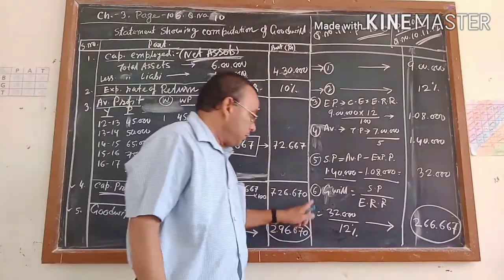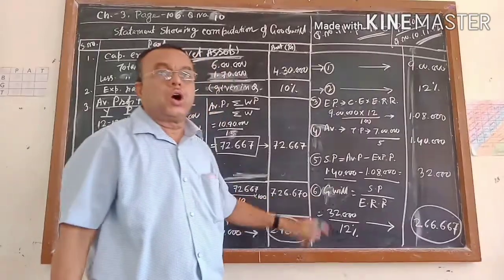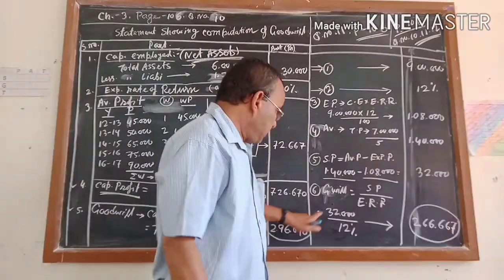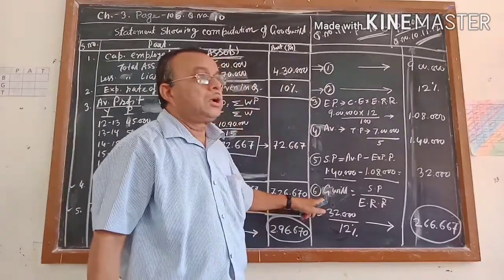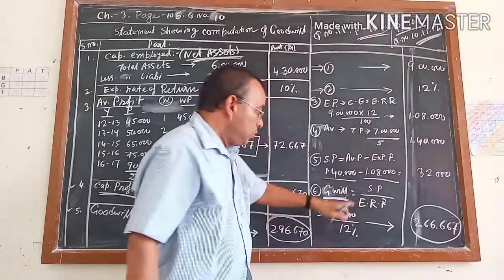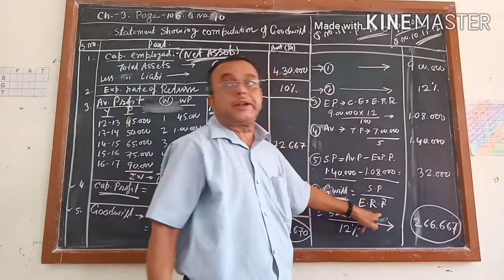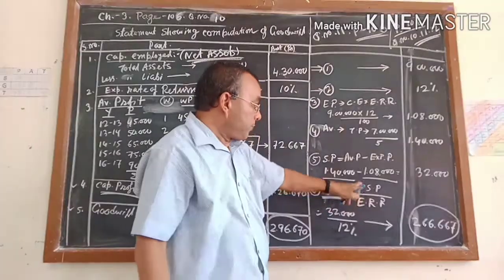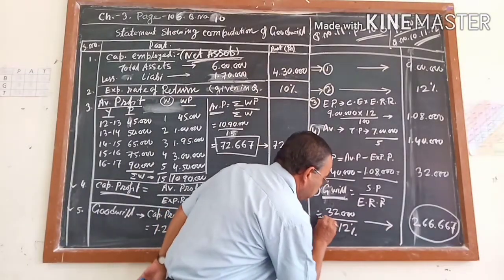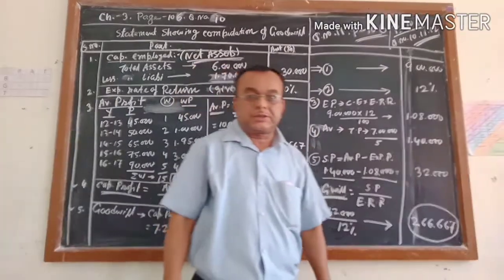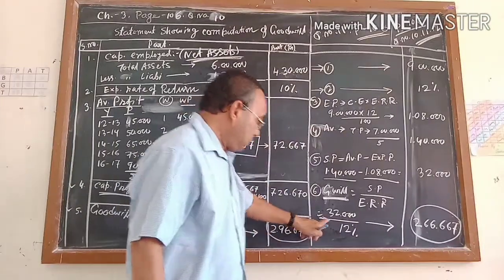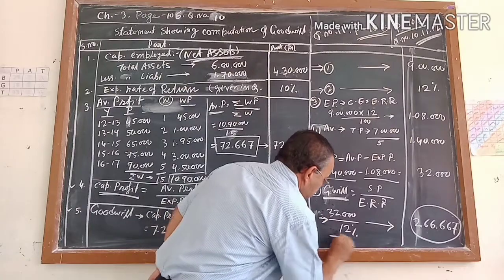This is a new step, the capitalized super profit method. This you have to remember. This step is not common. Goodwill is equal to the super profit divided by expected rate of return, which is 32,000 divided by 12%. 12% means divide by 12 and multiply by 100.